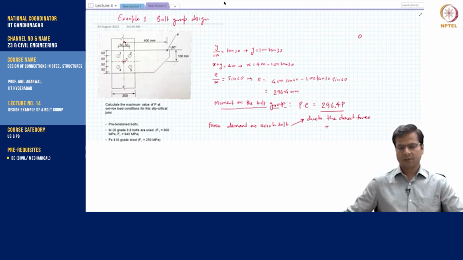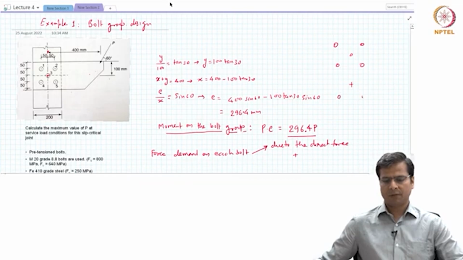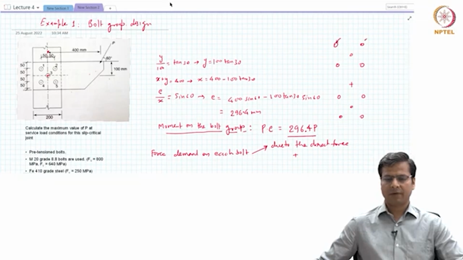You can imagine that this particular configuration can be thought of as a combination of these two configurations. In the first configuration, the force P by 5 is applied to each bolt in the direction of the force that is applied at that angle. Each bolt would be resisting P divided by 5.